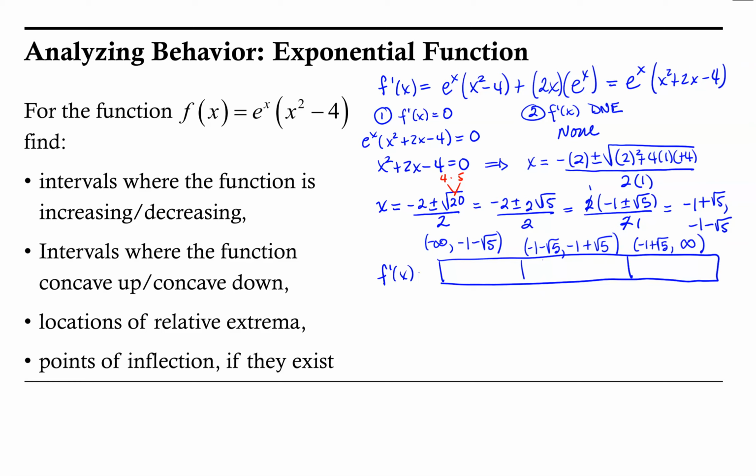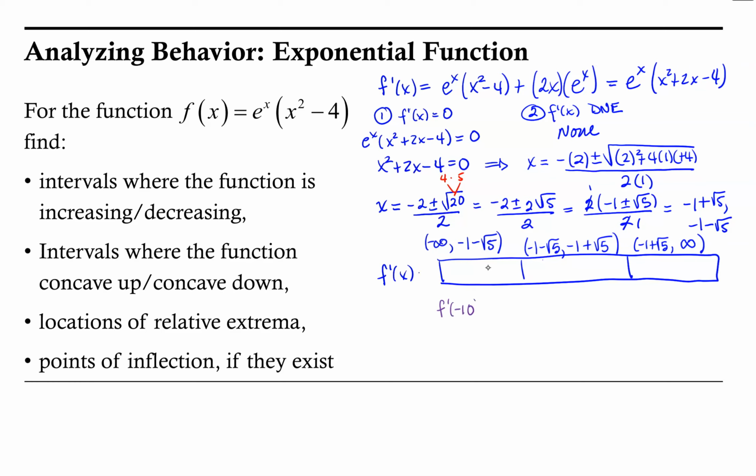And so now we need to pick a representative point within each of these intervals to determine whether the derivative is positive or negative. So in this first interval, I'm going to pick a number that's easy to work with. I'm going to go ahead and pick negative 10. That's a number that I know is safely within that interval, and it's relatively easy to work with.